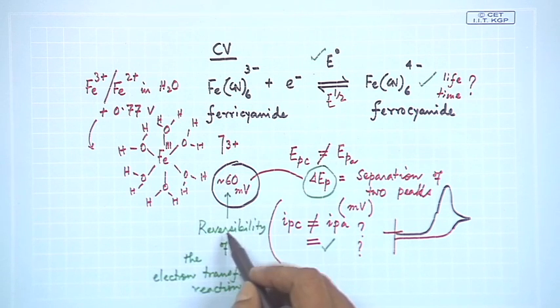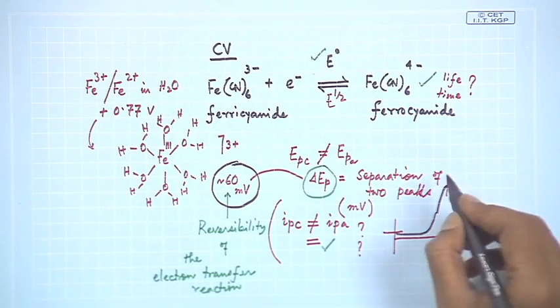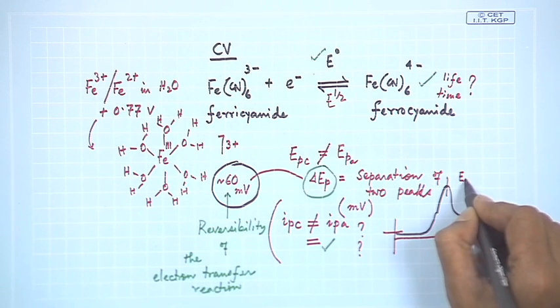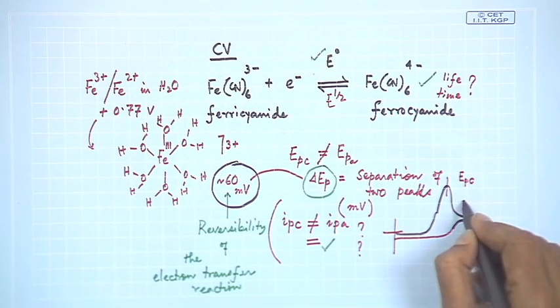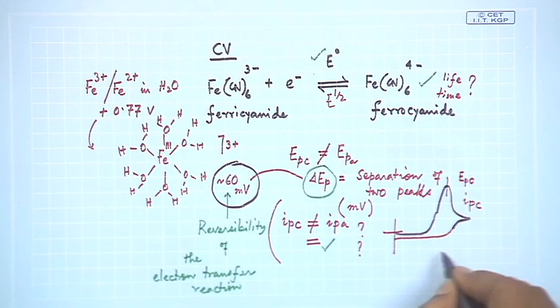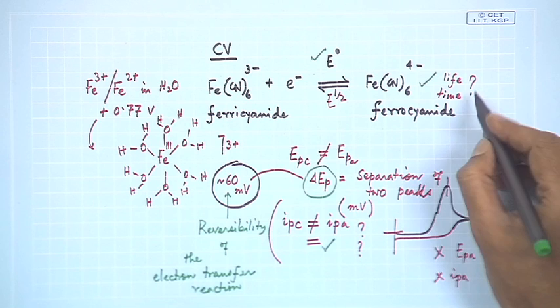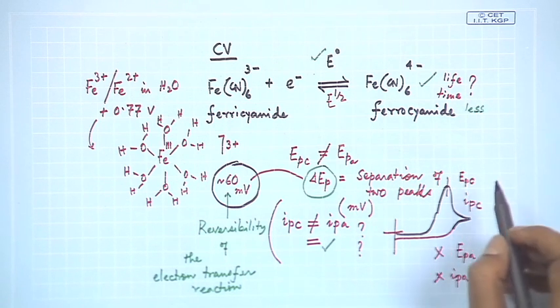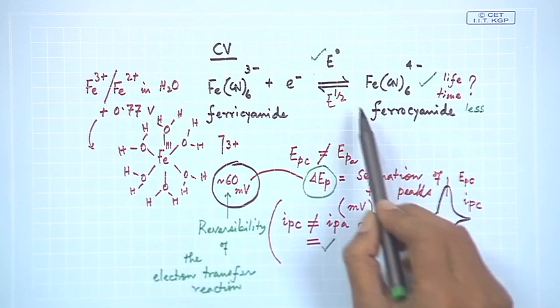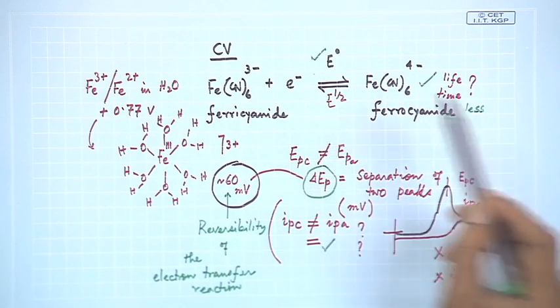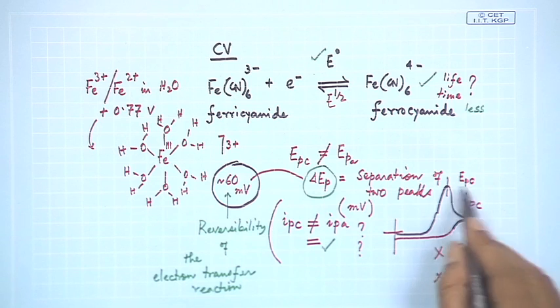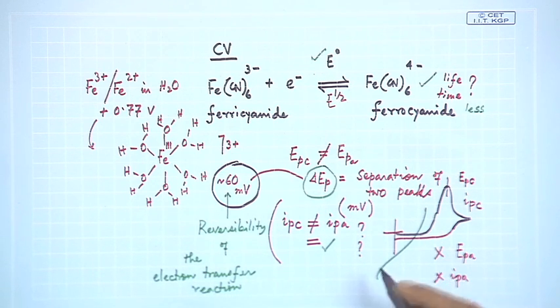Here we get only the cathodic peak, EPC, and the corresponding current IPC, but on the other side EPA and IPA are not available, because on the reverse scan we do not get the corresponding peak, as the lifetime is negligible. Whatever is formed is either decomposing or going away from the electrode surface. So, this is the typical example of an irreversible process.